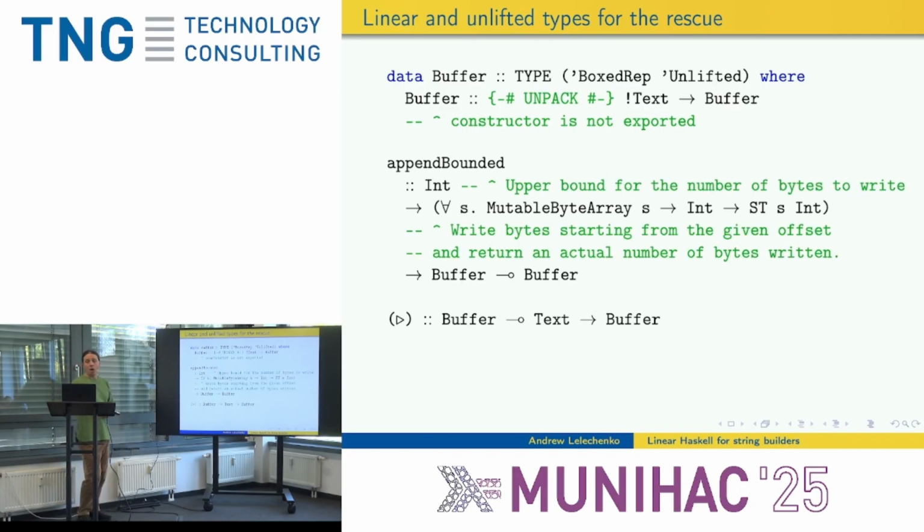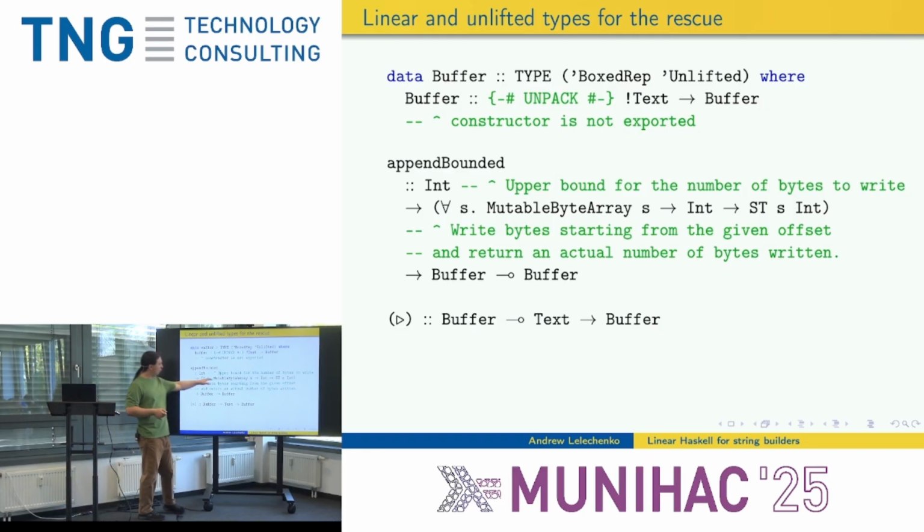So the workhorse is basically a function like this, which is quite similar to what you saw in the strict builder I presented earlier from Nikita Volkov's package. You have to estimate somehow an upper bound for the length of content you are going to write.